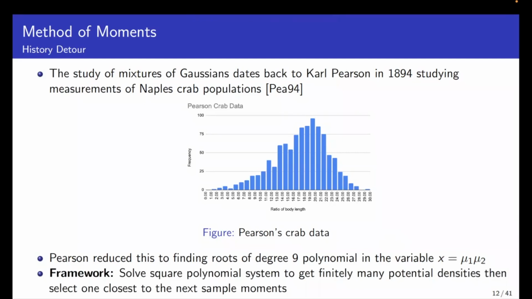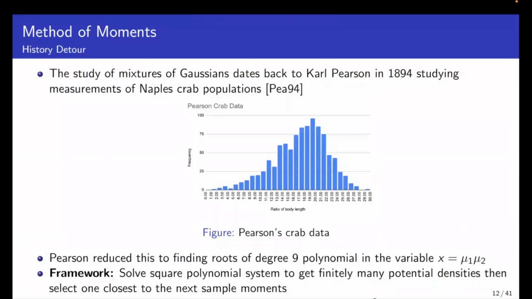So this is one important detail that needs to be resolved. The second one: once I have my finitely many densities, select the density that is closest to the next sample moment. Well, this is a question of identifiability, and again, it's not clear that this is the case.